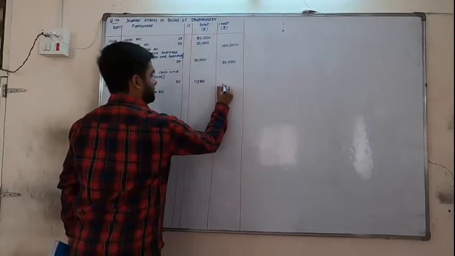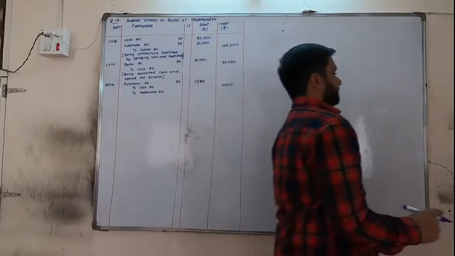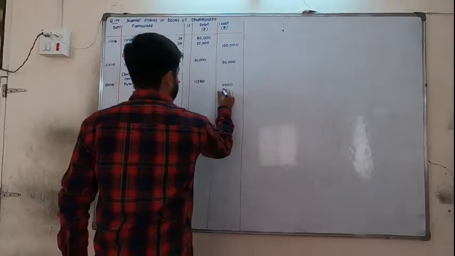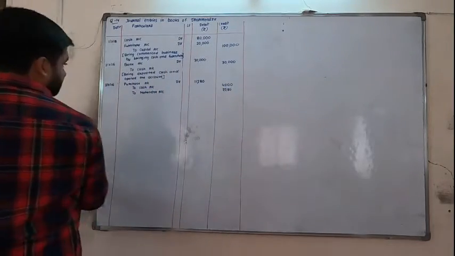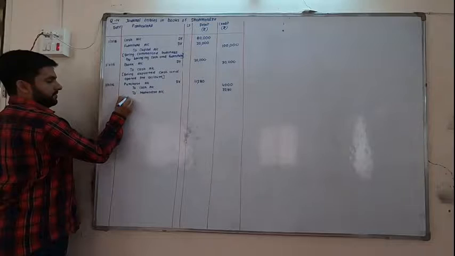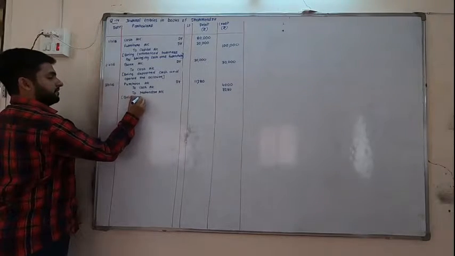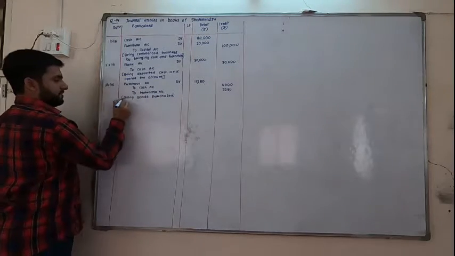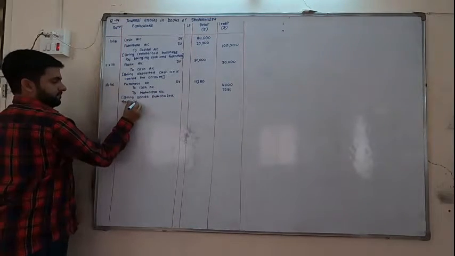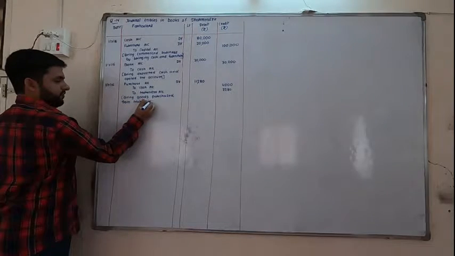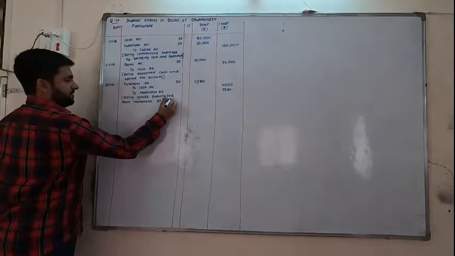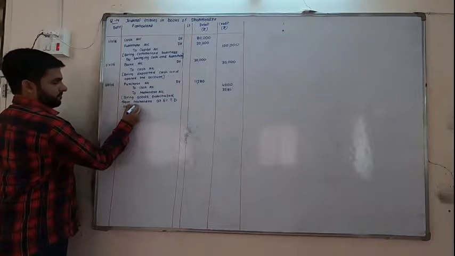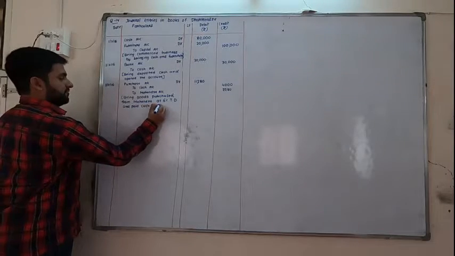Now 4,000 cash is paid, so remaining 7,280. Being goods purchased from Mahendra at 6% trade discount and paid cash rupees 4,000.